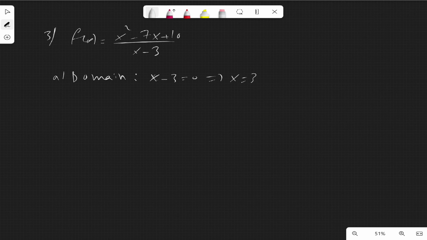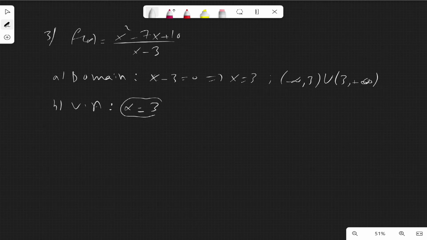We get x equal 3. So the domain is from negative infinity to 3 union 3 to positive infinity. And by default, x equal 3 is the vertical asymptote.